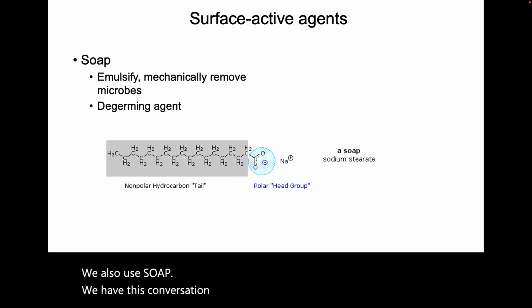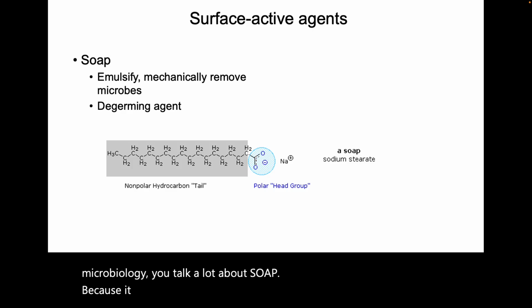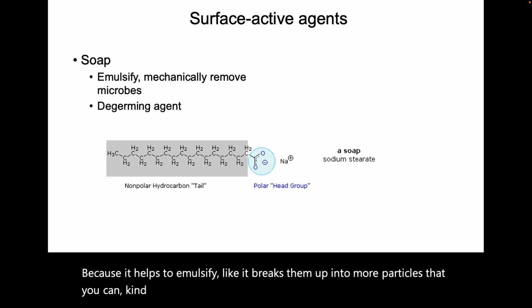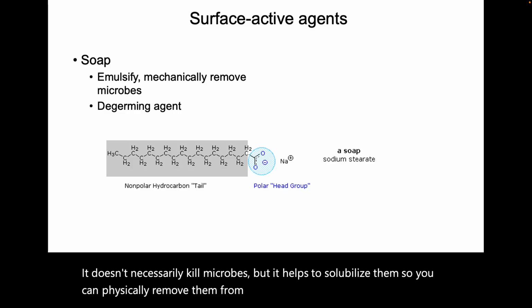When you teach microbiology, you talk a lot about soap. Because it helps to emulsify, it breaks them up into more particles that you can wash off. It doesn't necessarily kill microbes, but it helps to solubilize them so you can physically remove them from your hands or your face or whatever on your body.